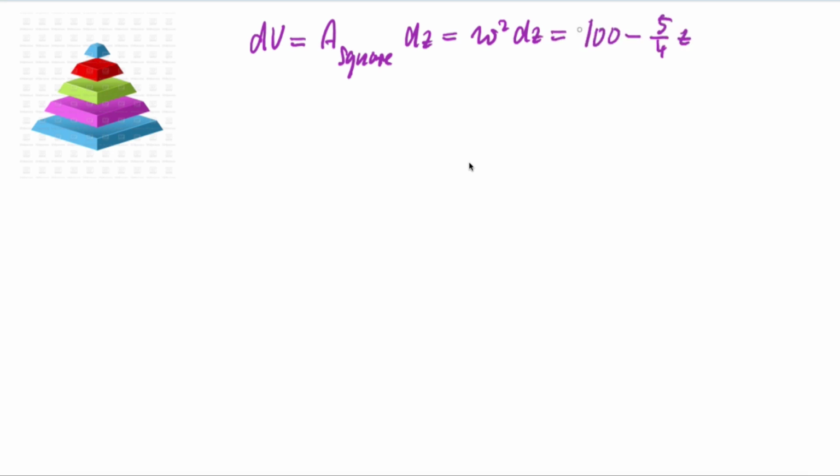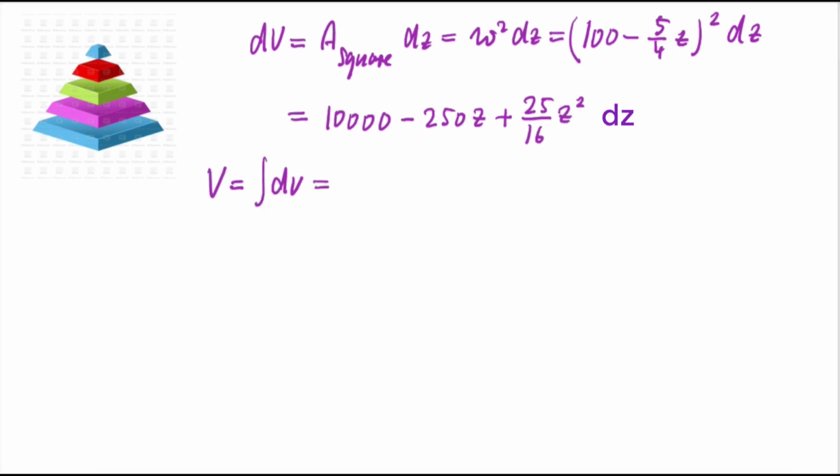So I need to square this and then dz. And let's do the squaring right away, because we have to do it anyways. So then this would be 10,000 minus 250 z, and then plus 25 over 16 z squared.